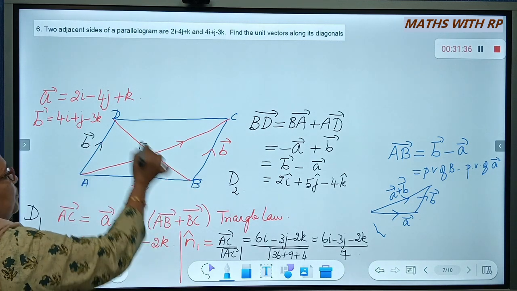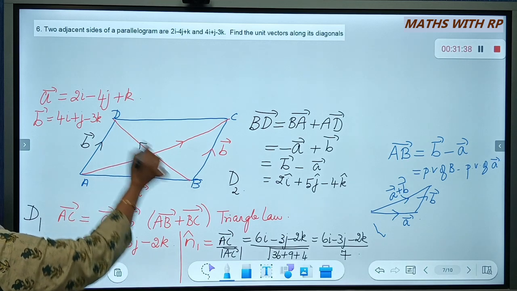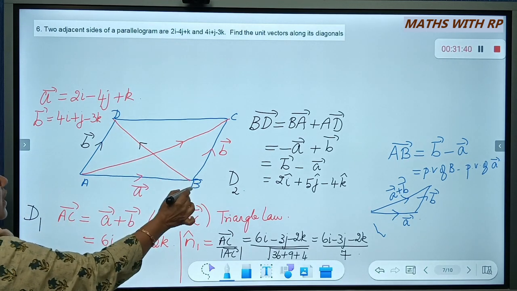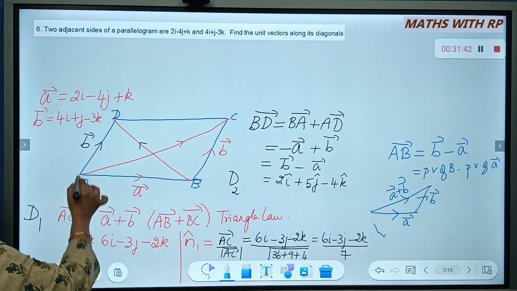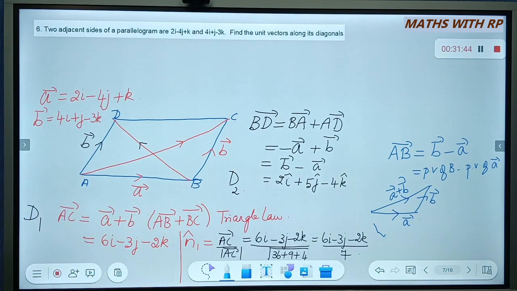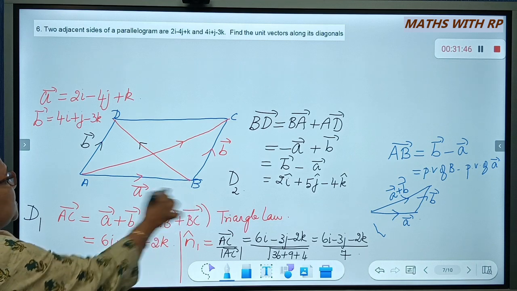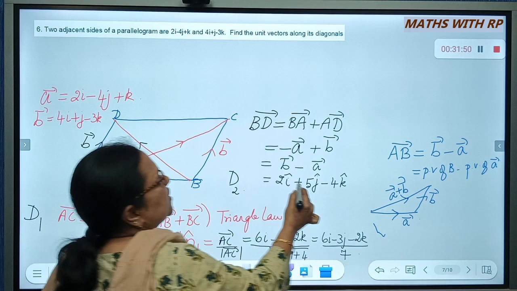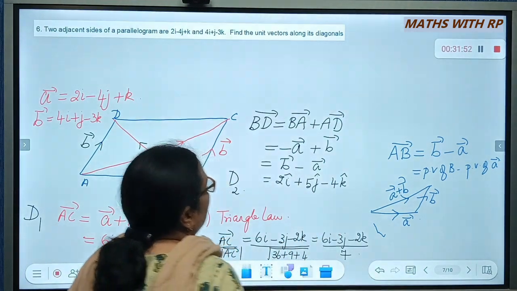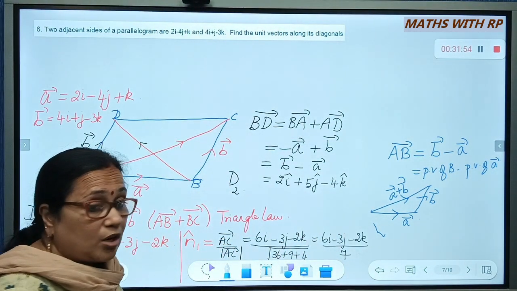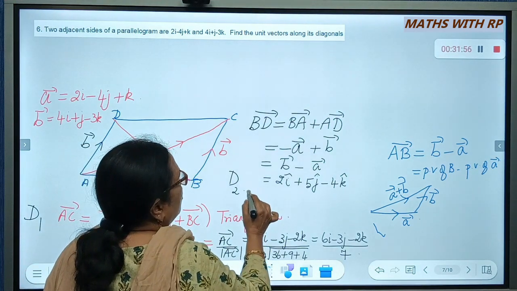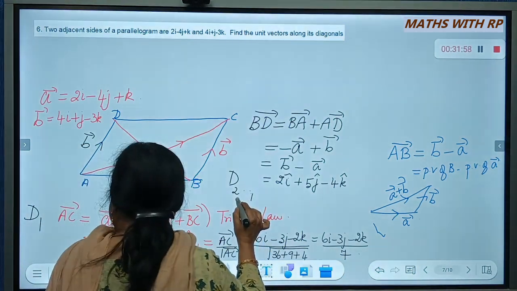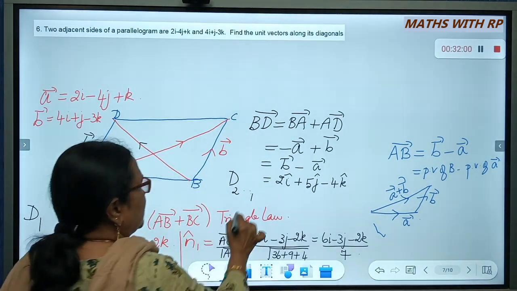So if I want to write BD vector by triangle law, to go from B to D, I can go through BA vector plus AD vector, right? So that will be minus A vector plus B vector, which is B minus A, which is 2i plus 5j minus 4k. We want to find a unit vector along BD vector. So BD vector, which we will call as N2 vector.